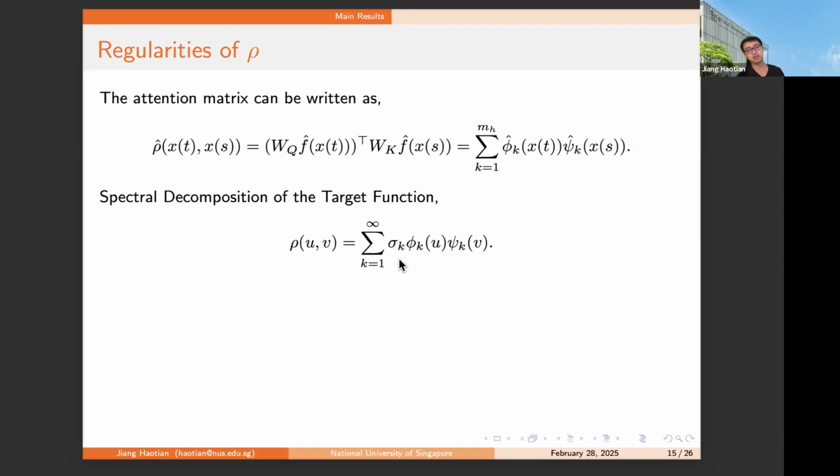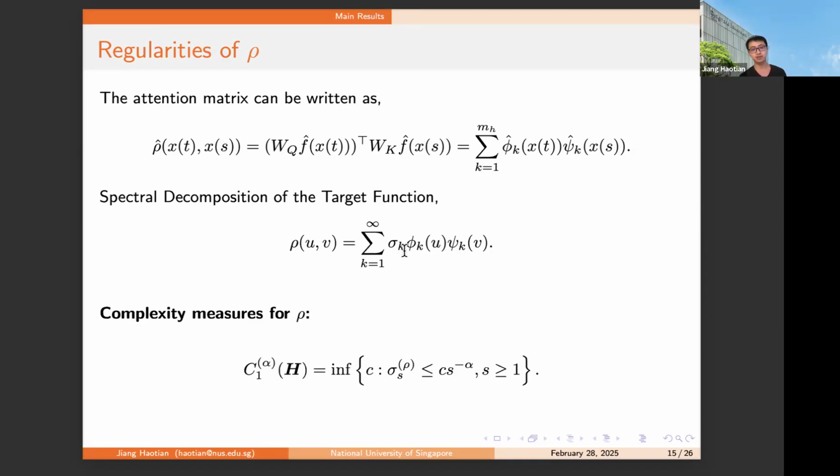This can basically be considered as an infinite-dimensional singular value decomposition for functions. Now we want to use an attention rho hat to approximate the target rho. The POD decomposition tells us that this follows low-rank approximation, and the approximation error is completely determined by the singular values.